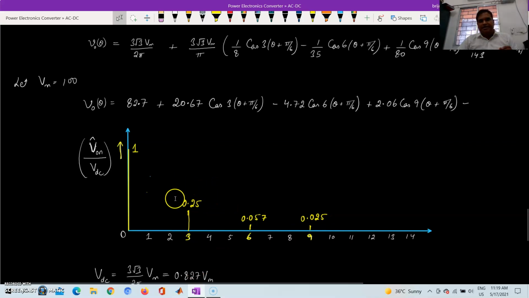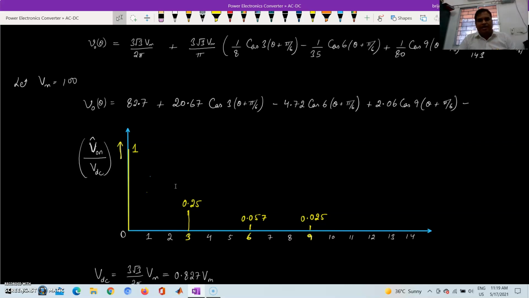This is important here. The third harmonic is dominating. When we have a rectifier, our objective is that the output should be a DC voltage. There should not be any AC waveform. But what we are getting, apart from DC, is also the AC waveform: the third harmonic voltage, sixth harmonic voltage, and ninth harmonic, where the third harmonic peak value is 25% of the DC.